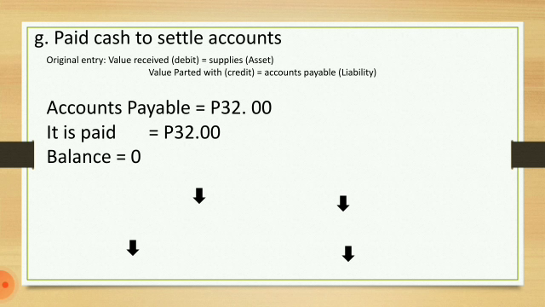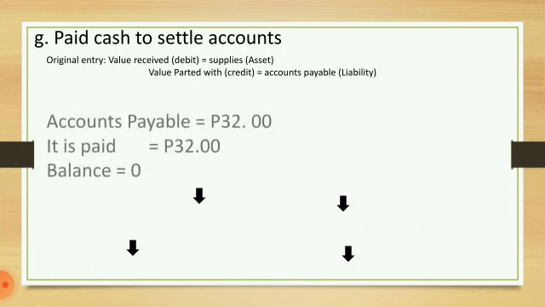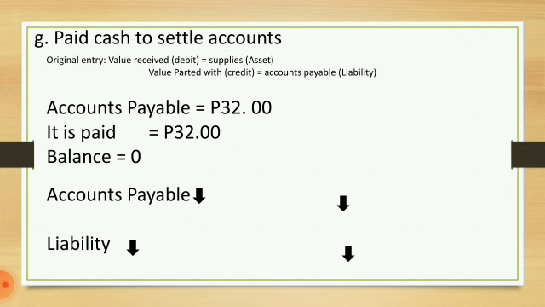So when it is paid, what happened to your accounts payable? It becomes 0. Therefore, your accounts payable is decreased, as well as your liability. It's also decreased. So what's the other account that's affected when you paid cash aside from accounts payable?